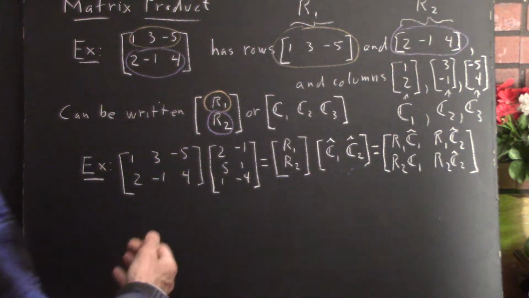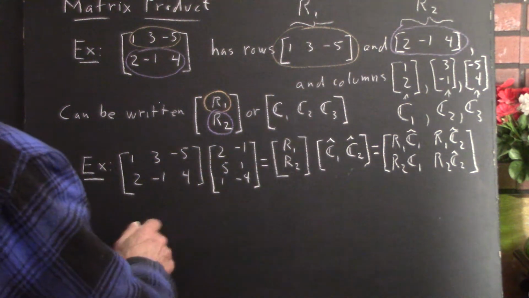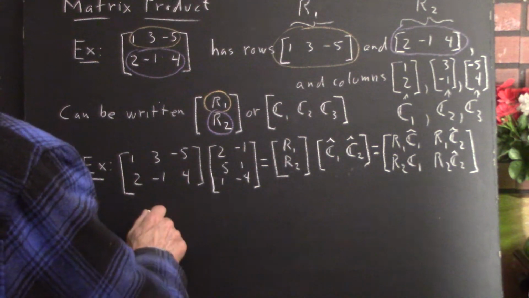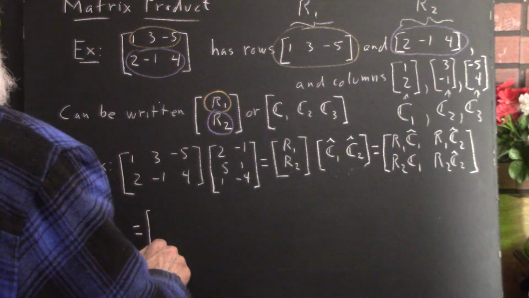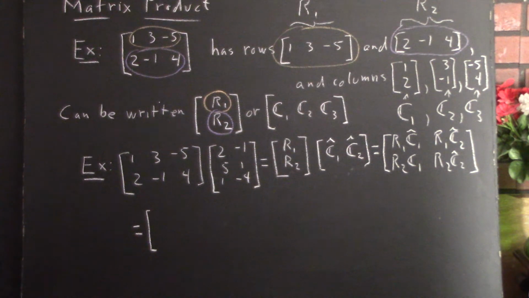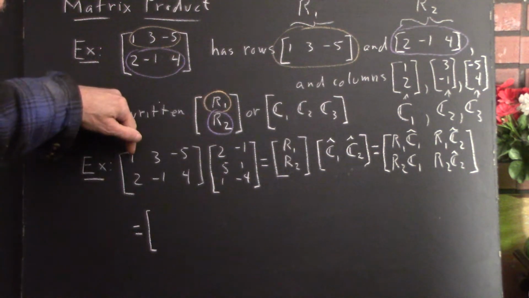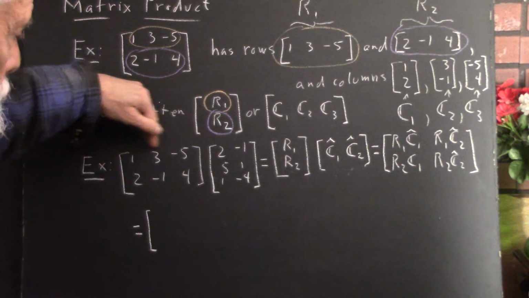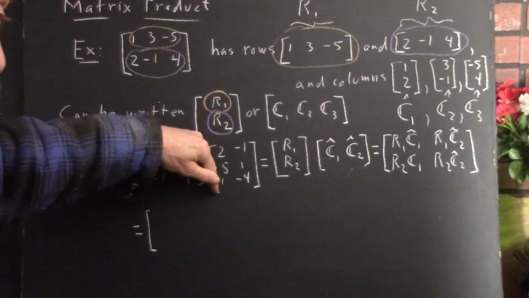Okay, well, we can then do the rows times the column. If I take the first row by the first column, I have 1 times 2, 3 times 5, negative 5 times 1.